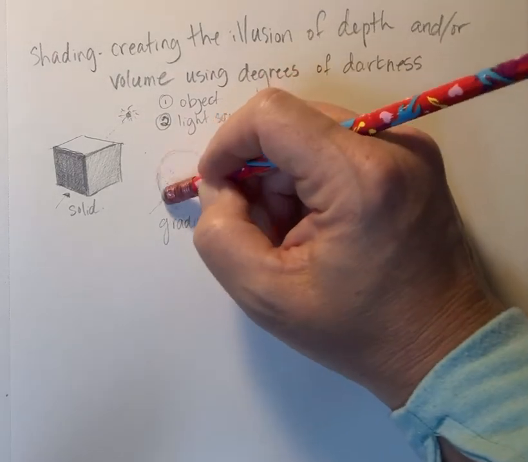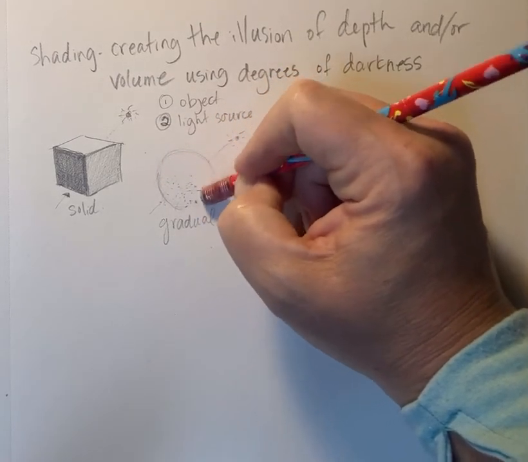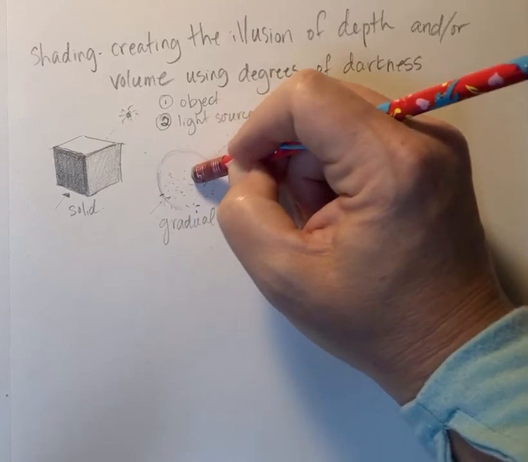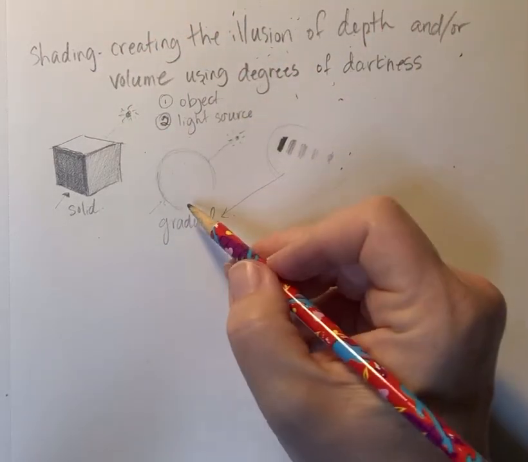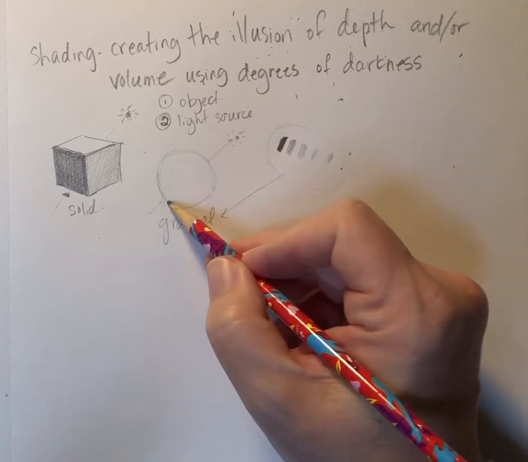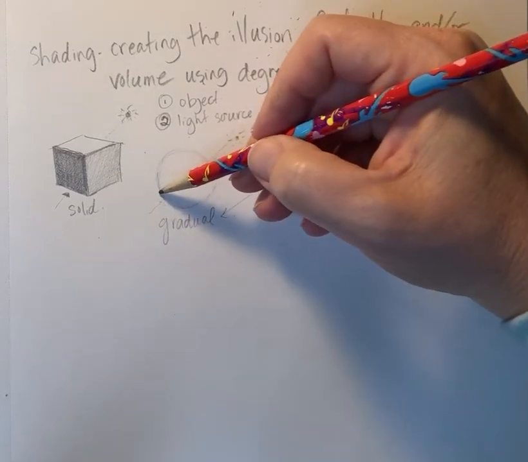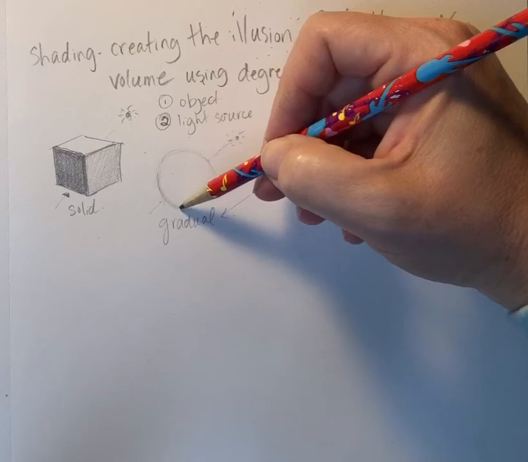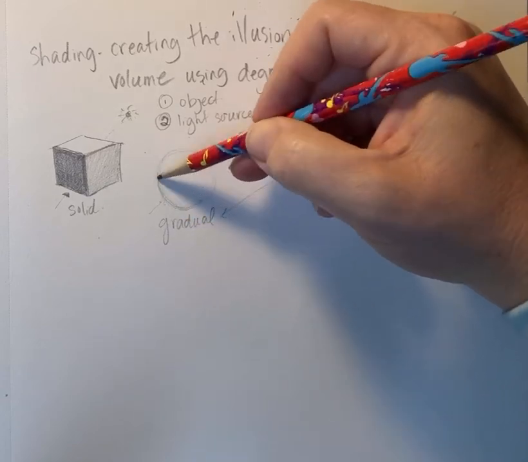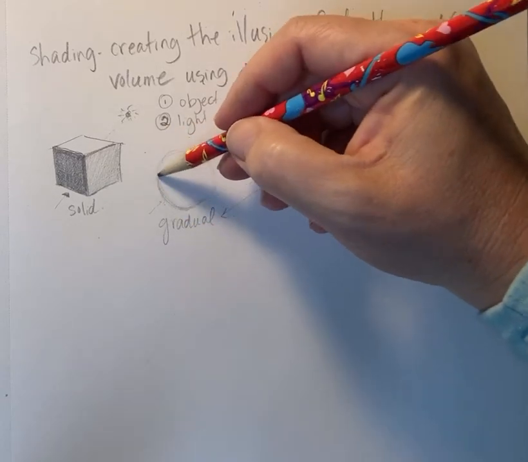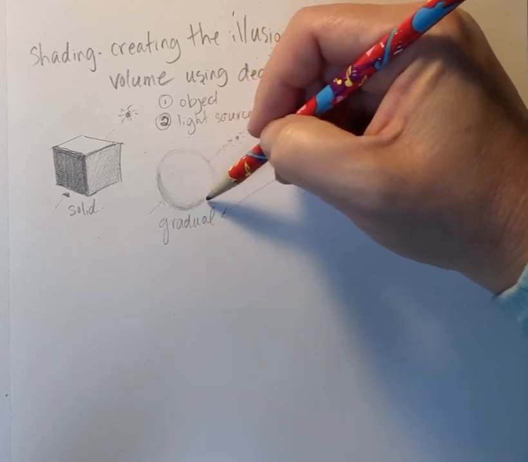And so when we are doing this lesson, I want you to think about following the curve of the object that you're shading. So I can see right here that this one curves sort of in this tilted C. And so I'm going to actually start shading following that curve.